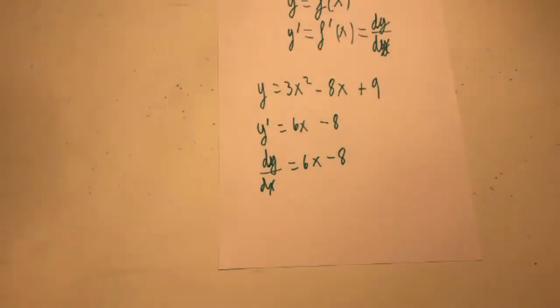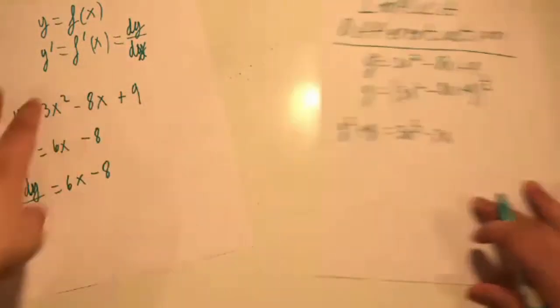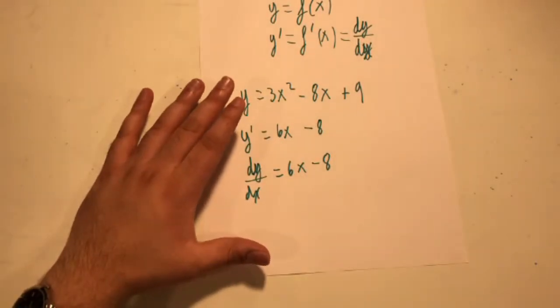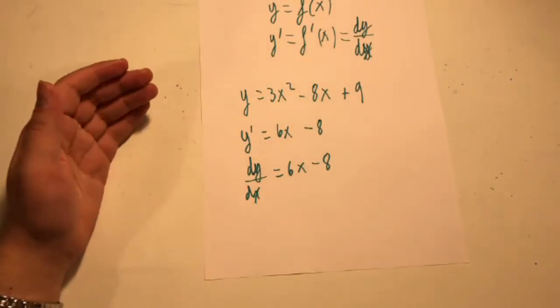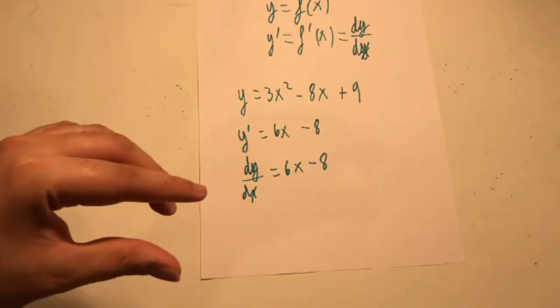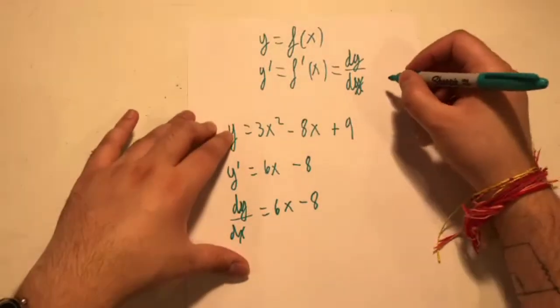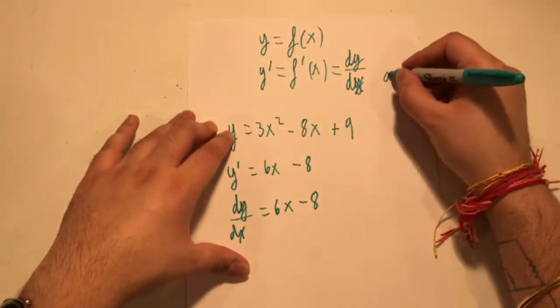Now, what do we want to do when dealing with something like this, right? One thing I should also mention, when you take the derivative of y, it turns into a dy dx. When you take the derivative of x, it turns into a dx dx.